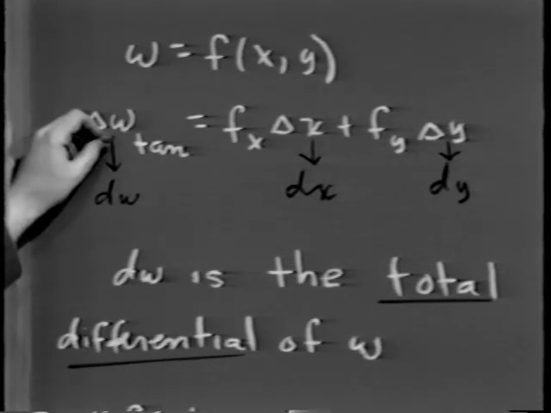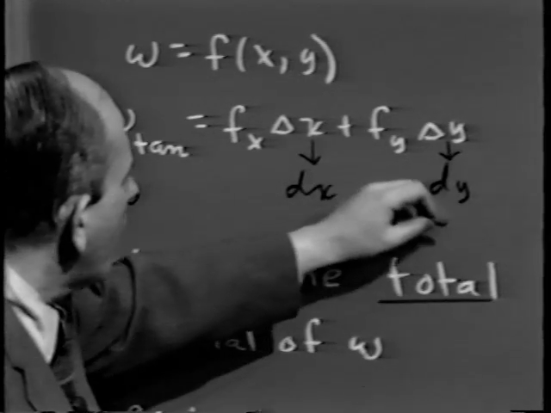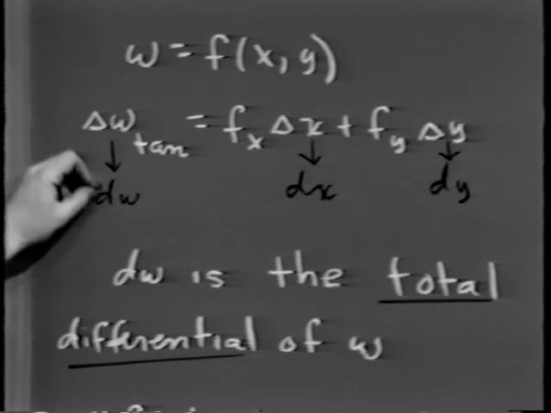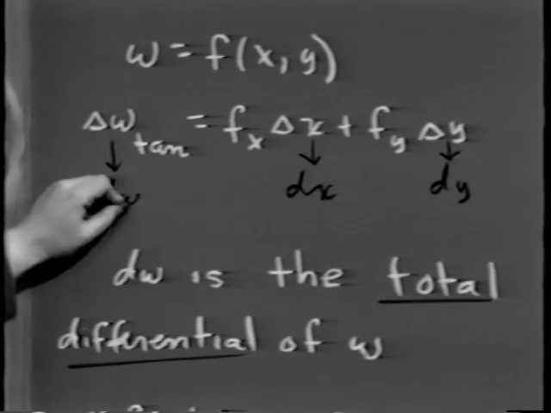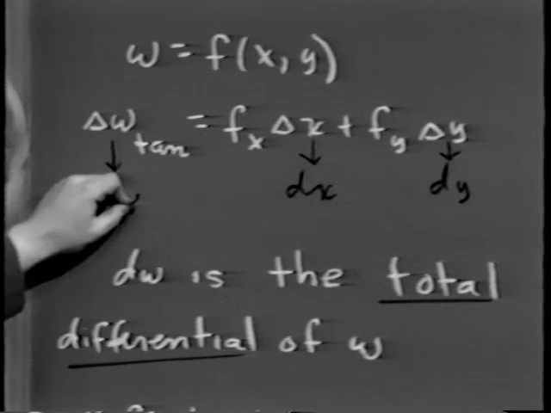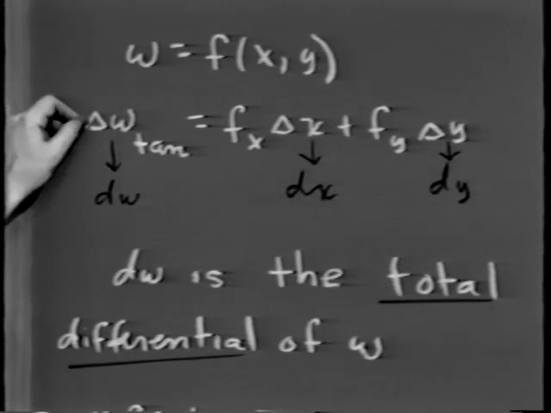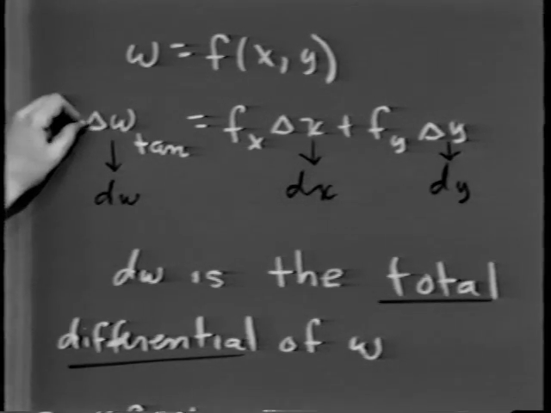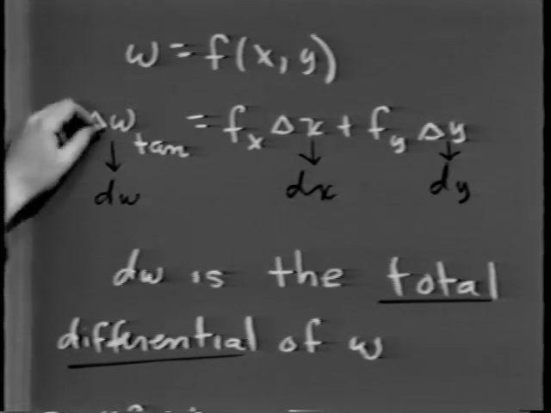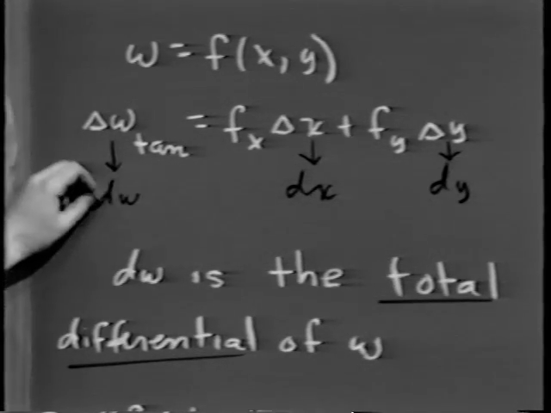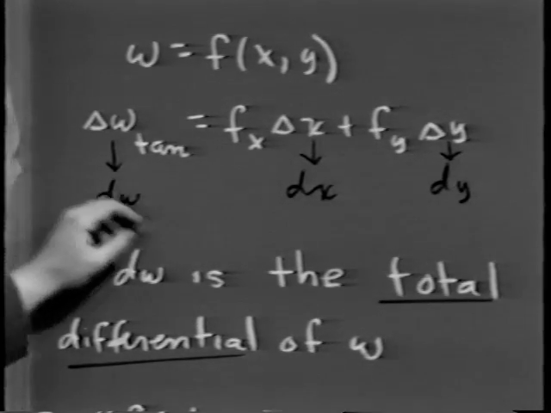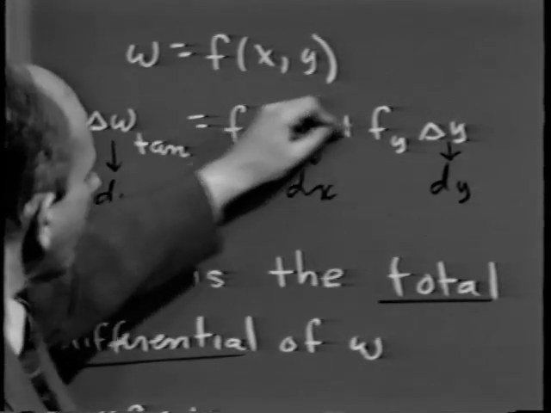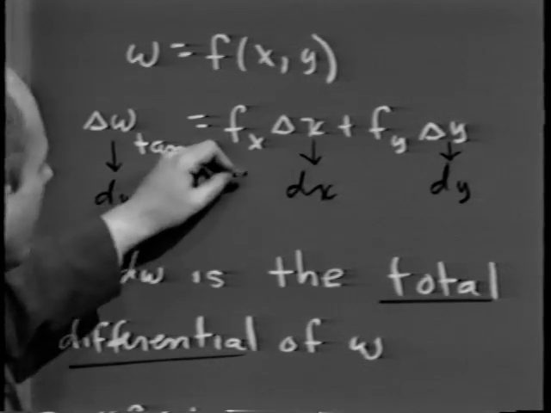All right? Now, what leads into the next block, and why we're going to drop this for the time being but go up to a different aspect of this, is notice that if we can assume that dw can replace delta w, if we can assume, as we talked about in the case of continuously differentiable functions, that the difference between delta w and delta w tan is negligible for sufficiently small delta x and delta y, notice that the equation dw equals f sub x dx plus f sub y dy, since f sub x and f sub y are computed at a given point, these become what?